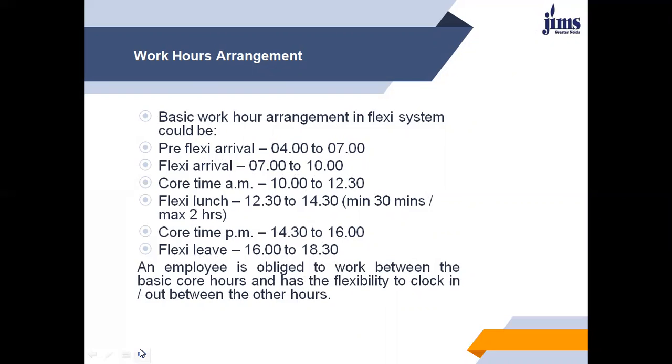Or if he or she cannot come in the morning, that person can avail the timings from 10 to 6, right? So that is the flexible timing which a person can opt for. You can leave at any time in the flexi leaving time, and with pre-flexi arrival that person can arrive at any moment.